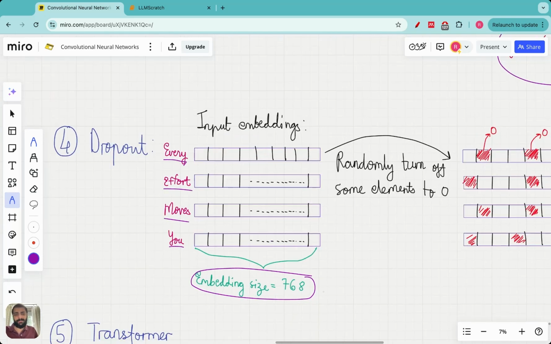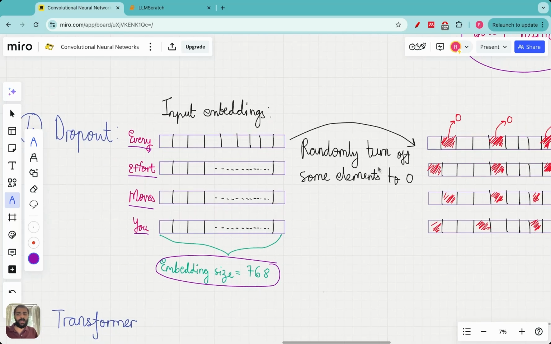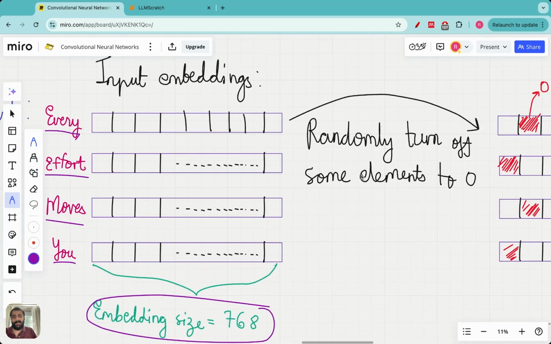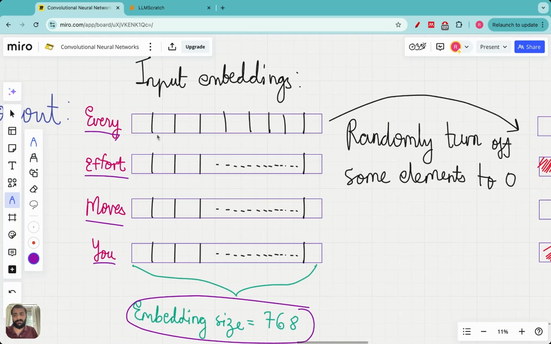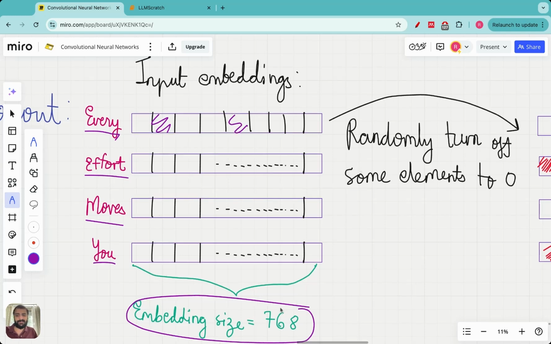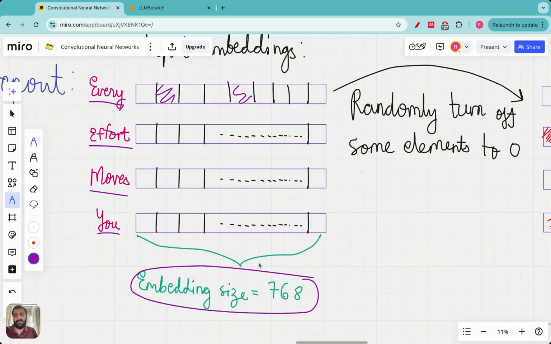In dropout, what happens is that we randomly turn off some elements of every input embedding to 0, and that's specified by the dropout rate. So if the dropout rate is 50%, from every embedding randomly 50% of the elements are turned off to 0. So let's say this might be turned off, this might be turned off. So 50% of 768 is around 384, right? So around 384 elements of each input embedding are turned off to 0.